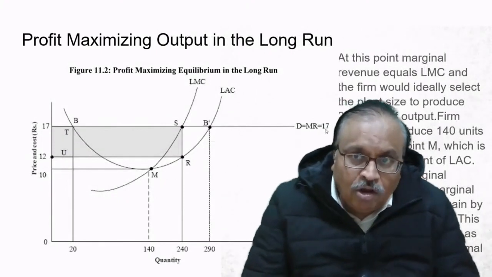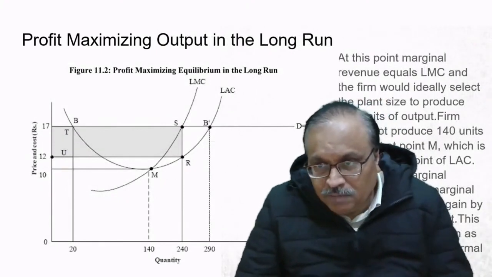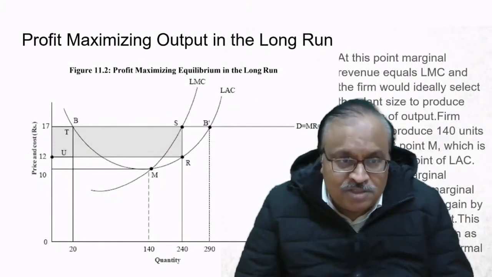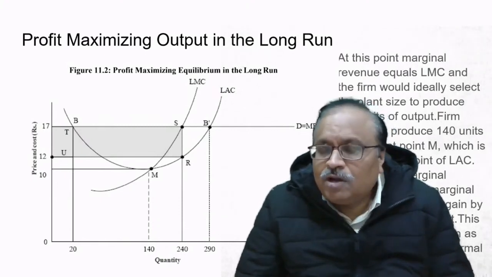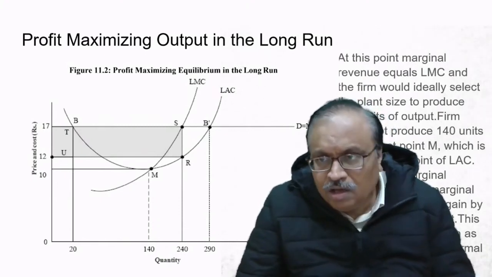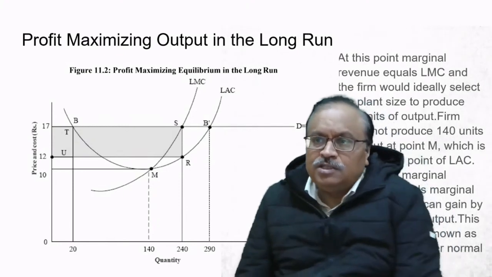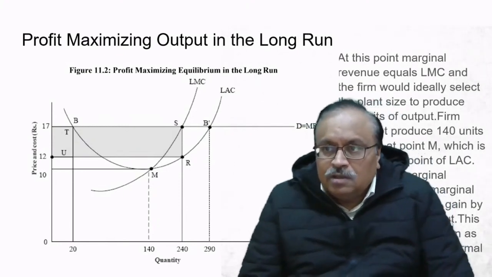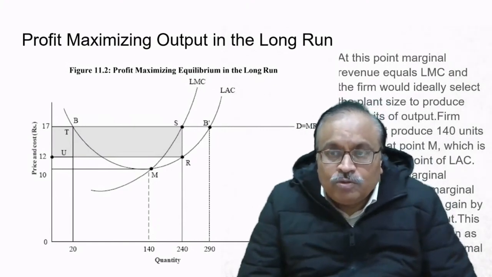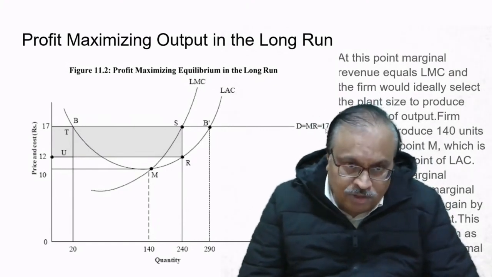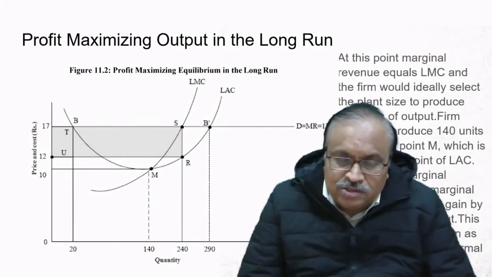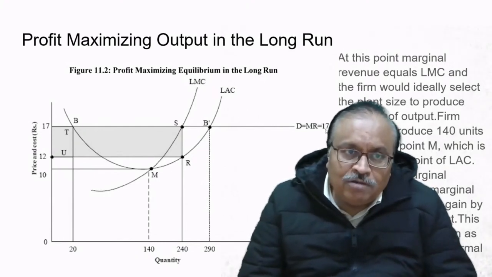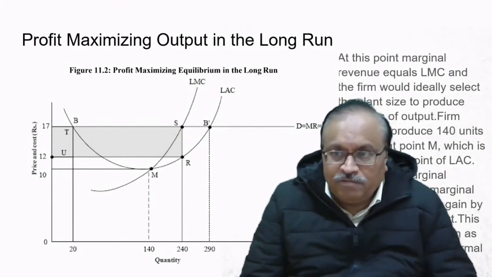The second is the long run. So at this point, marginal revenue equals LMC. LMC is our long run marginal cost, and the firm would select the plant size to produce 240 units of output. So the 240 units of output is the ultimate level for us to maximize the profit.